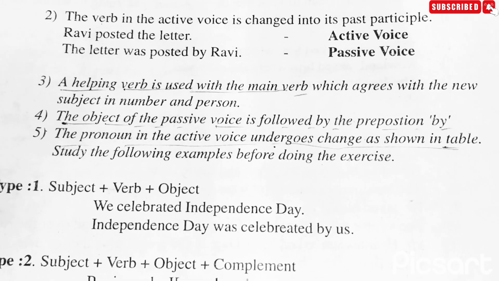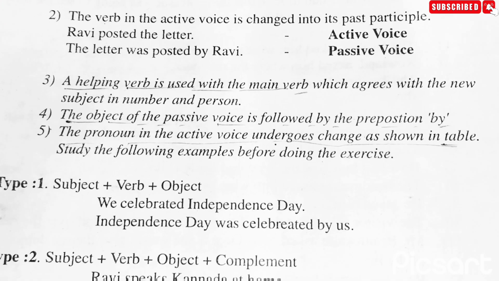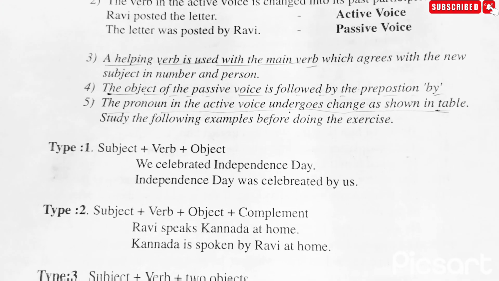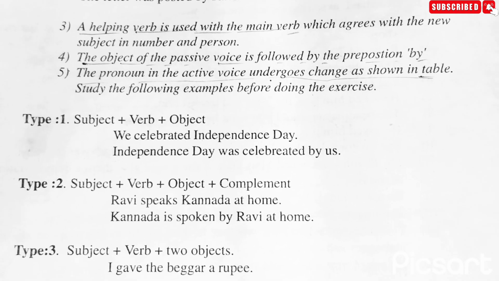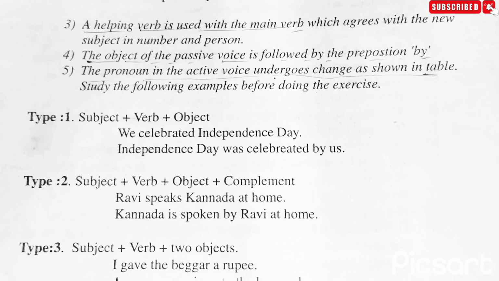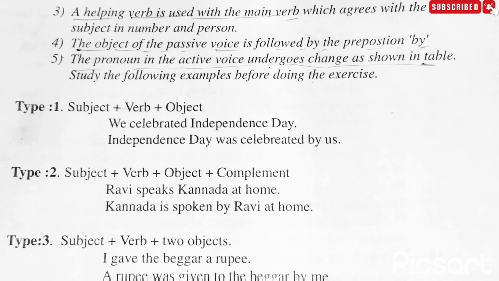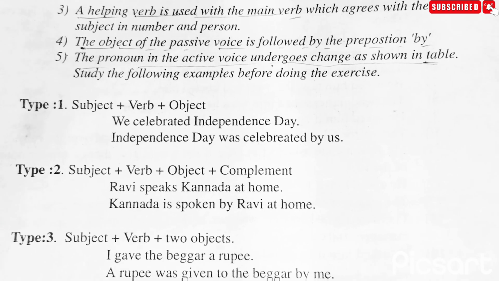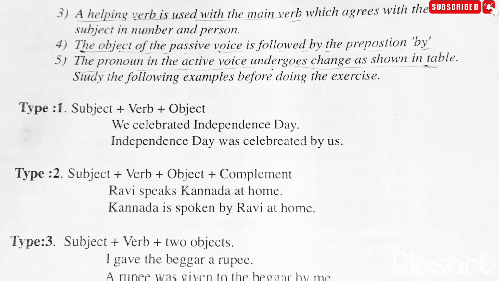So take down some more important rules. A helping verb is used with the main verb which agrees with the new subject in number and person. The object of the passive voice is followed by the preposition by.